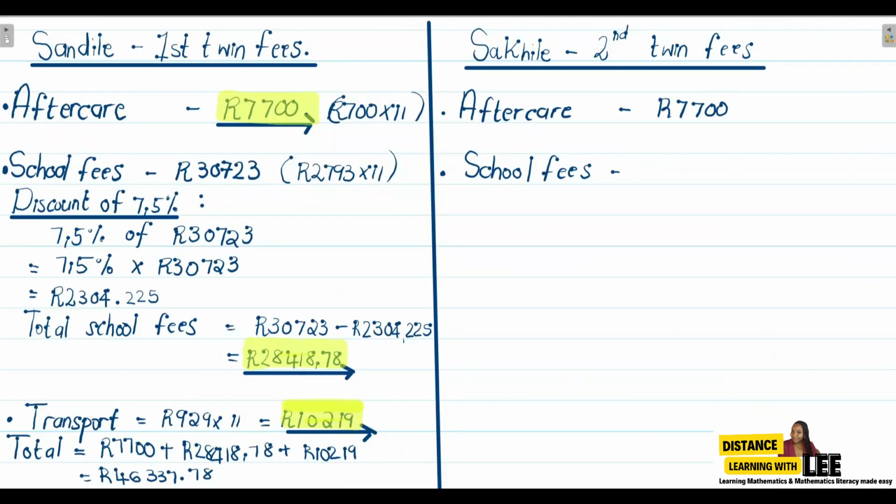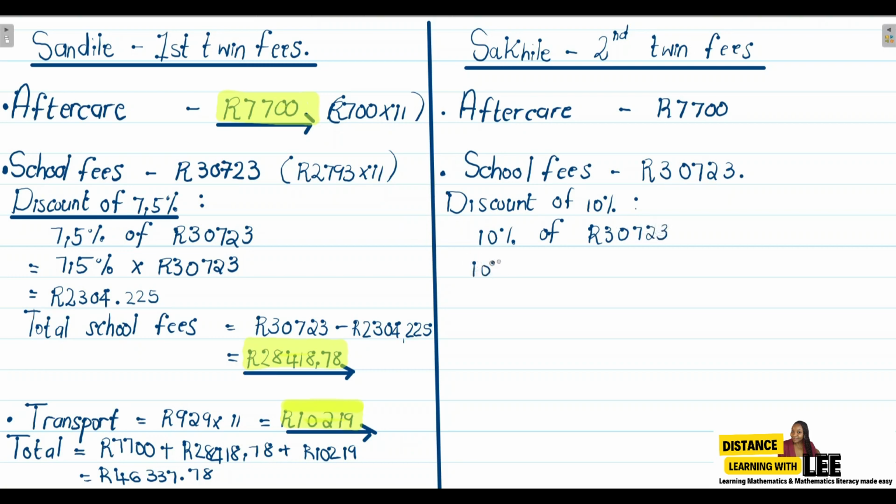So the school fees for the second child, we know that obviously they pay 30,723. However, we are told that the second child receives a discount of 10%. So we need to calculate 10% of 30,723 rand.